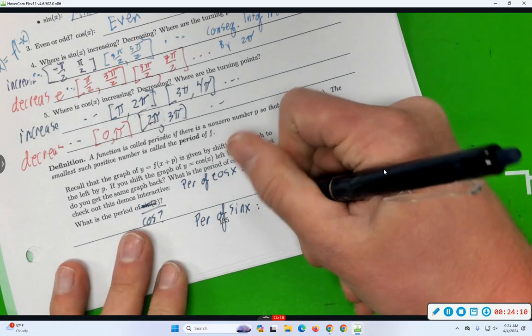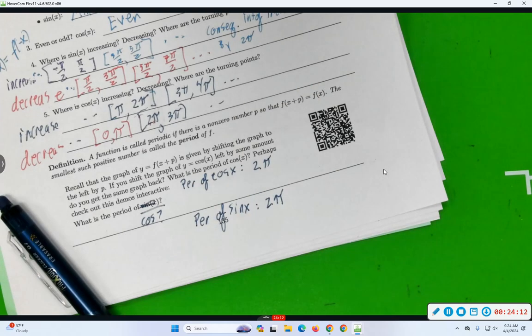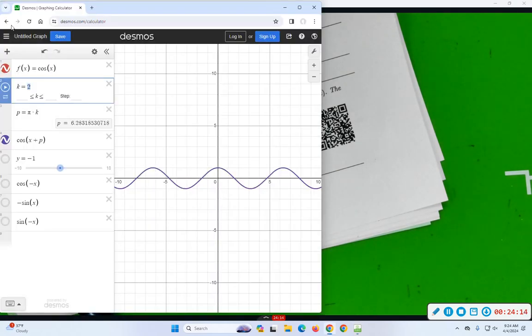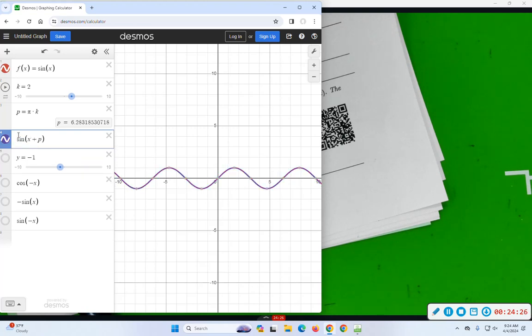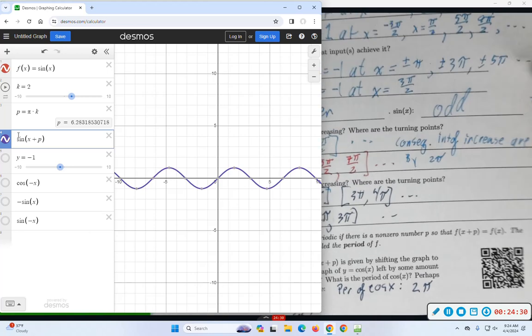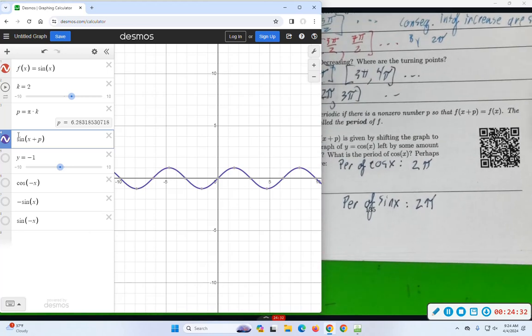I think 2 pi seems like a reasonable bet. Let's check it by graphing. I want to replace this cosine with a sine. Oh yeah, that looks like it's pretty dead on. Period of sine is also 2 pi.